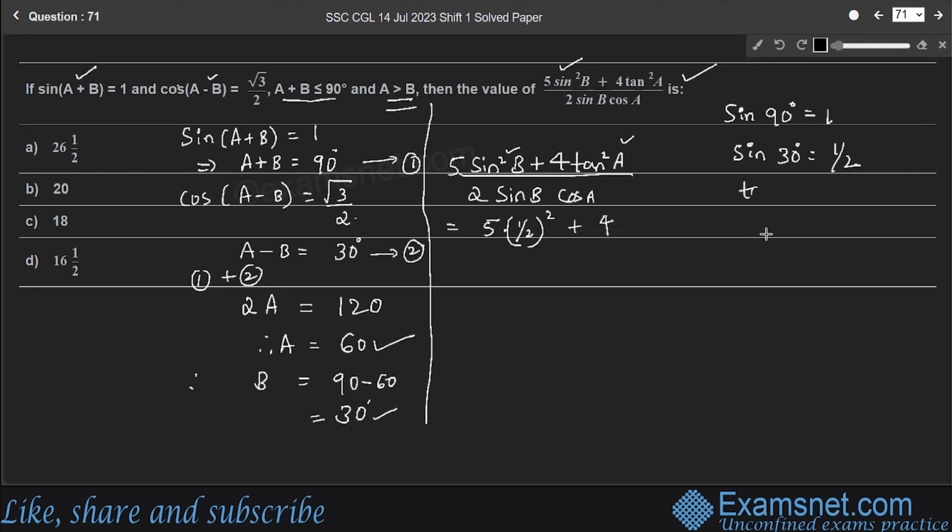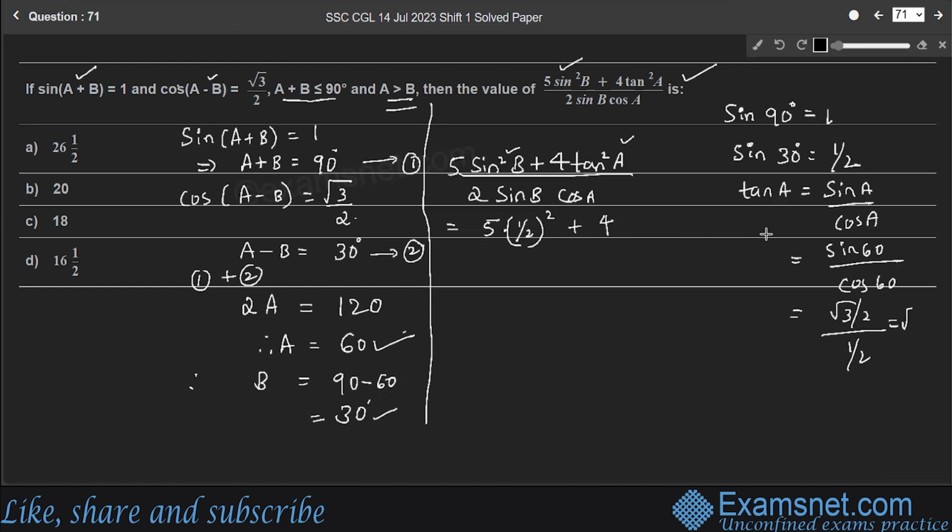So what is tan A? Tan is always sine by cos. Tan A is sine A by cos A. A is 60 degrees, so it is sine 60 by cos 60. Sine 60 is equal to root 3 by 2, and cos 60 is 1 by 2.